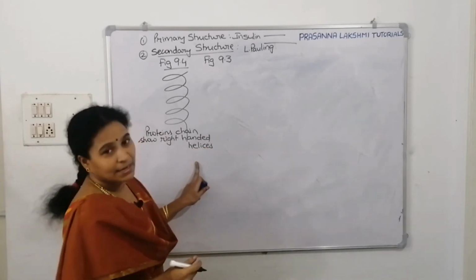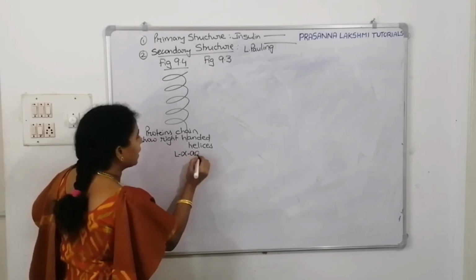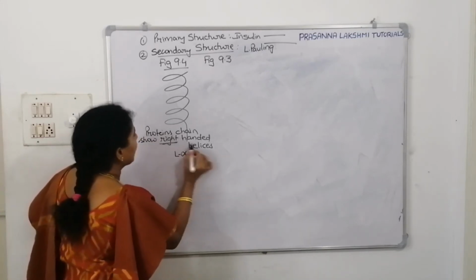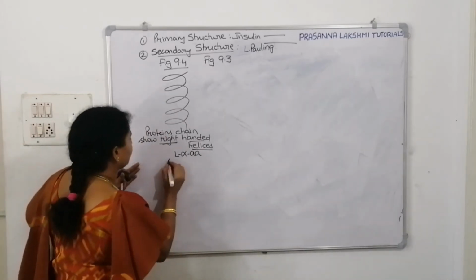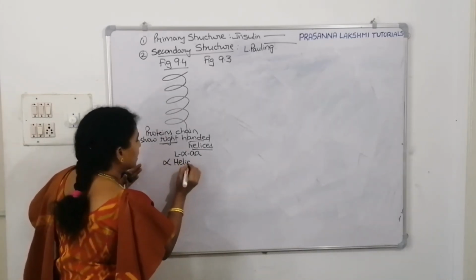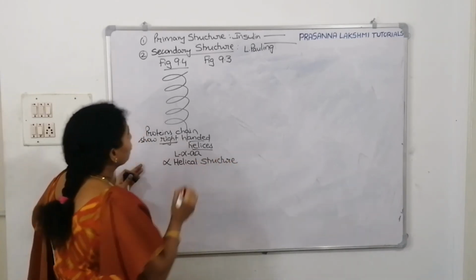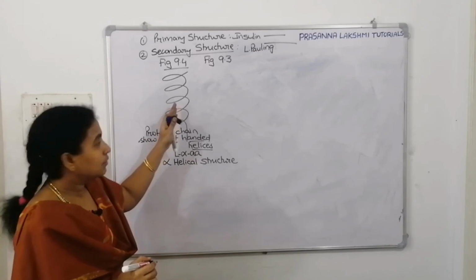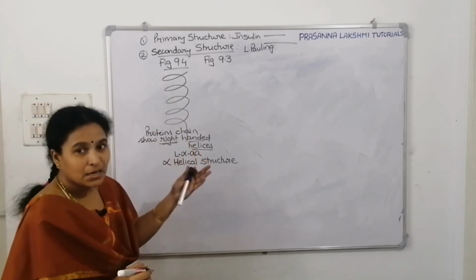We discussed that they are L-alpha amino acids and they form right-handed helices. This is the alpha helical structure of a polypeptide or protein molecule which is turned in a right-handed direction, which was explained by Linus Pauling.